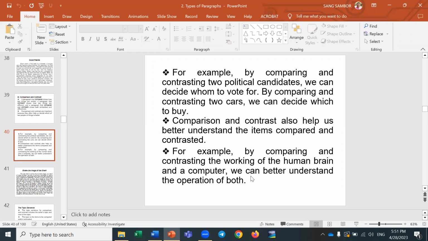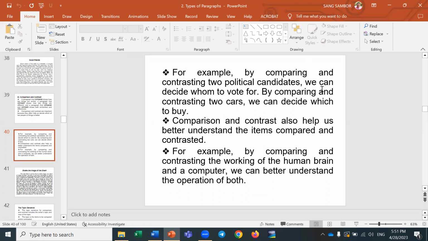Then we will make the right decision to vote for the one we love. By comparing and contrasting two cars, we can decide which car to buy.